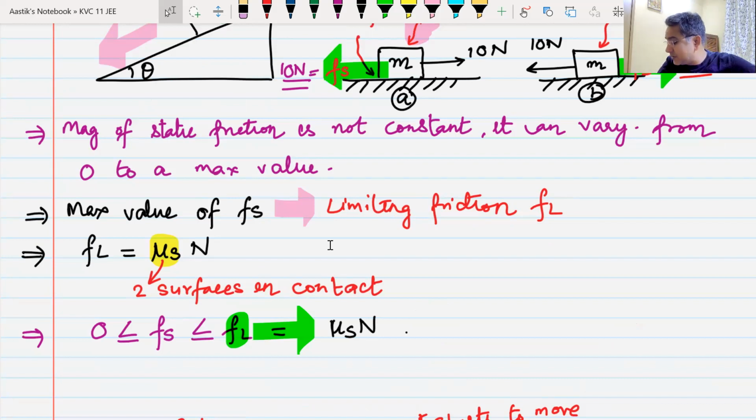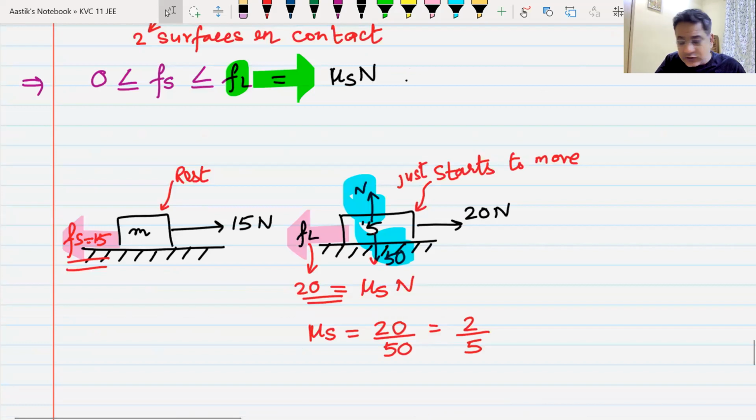We had seen some examples where we had seen how friction changes its magnitude and how friction changes its direction. One thing you must always remember, whenever the friction is static in nature, its value is not known beforehand. We will have to look at what type of condition is there.